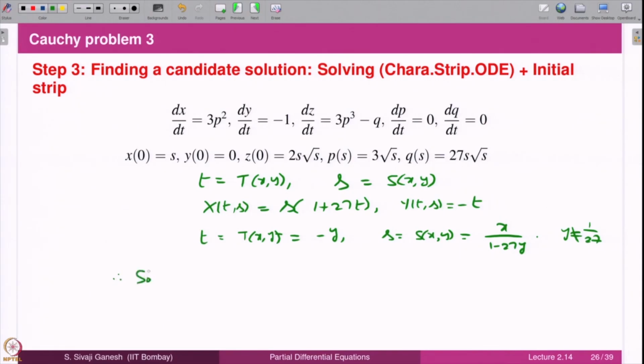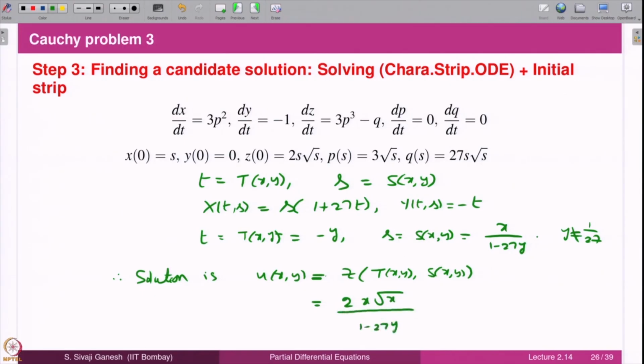So, something is going to happen when y is 1 by 27. Therefore, solution to the Cauchy problem is given by u of x y equal to capital Z of t(x,y) comma s(x,y), and that will be equal to 2 x root x divided by square root of 1 minus 27 y.